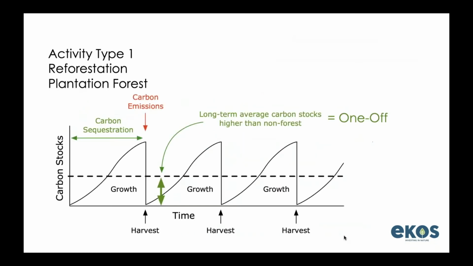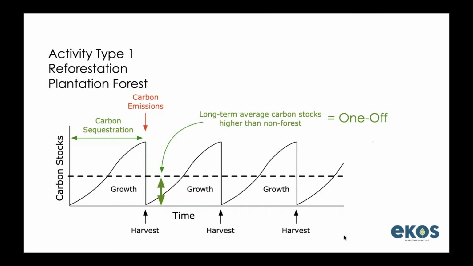Moving right along, we focus at Ekos in forest carbon credits. And people often ask us, well, if a forest plantation is going to be cut down, how could that possibly be beneficial from a carbon emissions point of view if the forest will be cut down one day? The point is that you're converting land which is not forest into land which becomes forest and then remains forest through the long term.